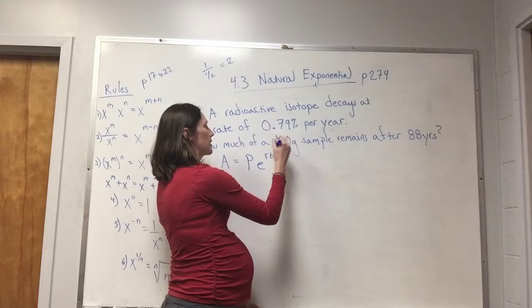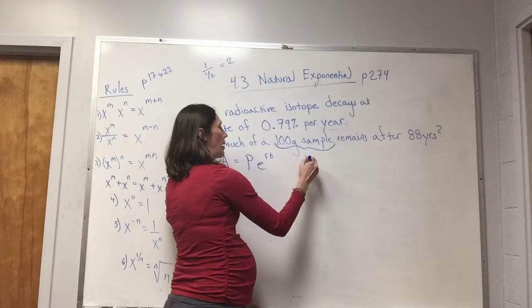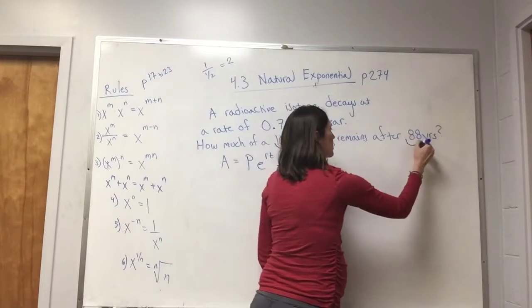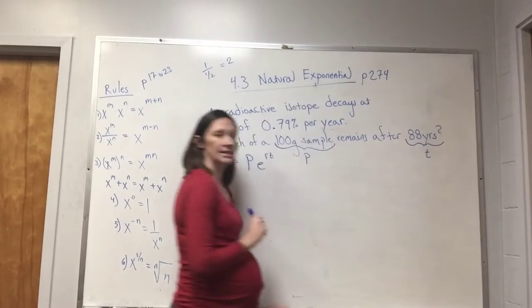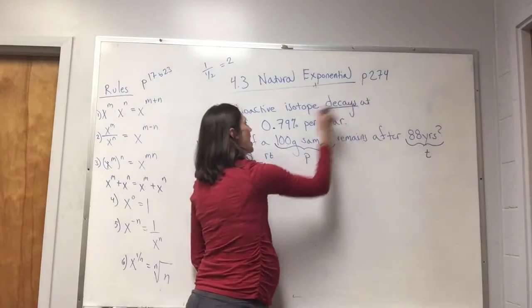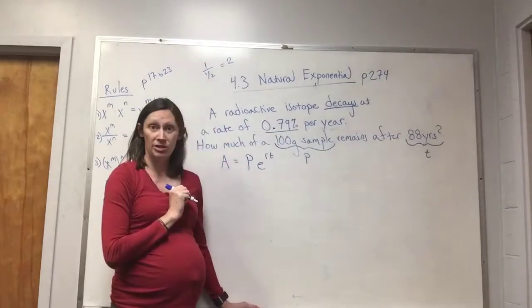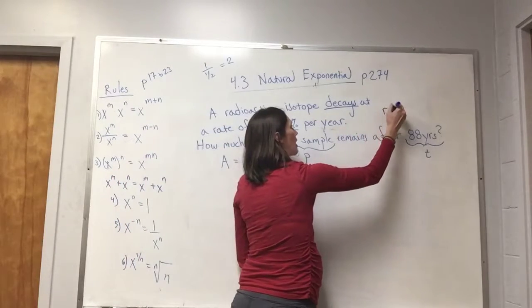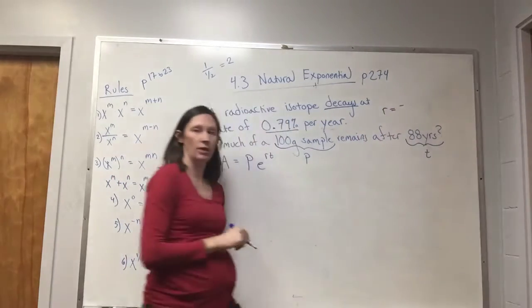All right, what else can I diagnose? How much of a 100-gram sample? This is my original amount. We call that P, sort of like the principal. Remains after 88 years. This is the easy part to diagnose. That's t, time. The fact that we are decaying at a percentage, those two pieces together indicate that r is negative.